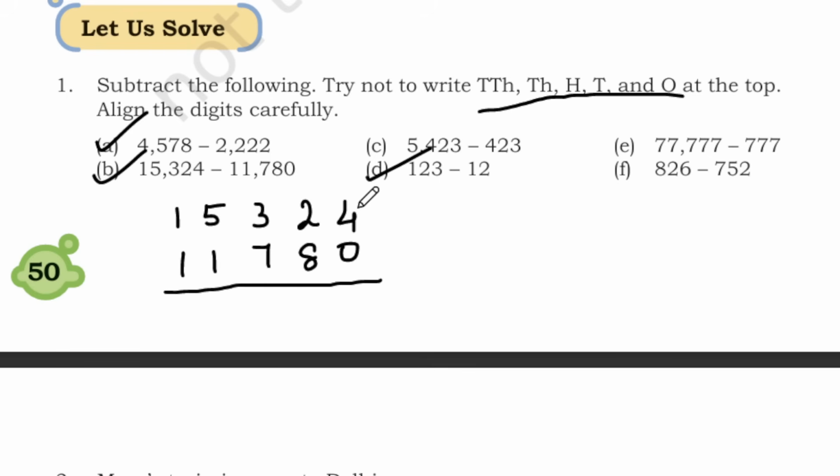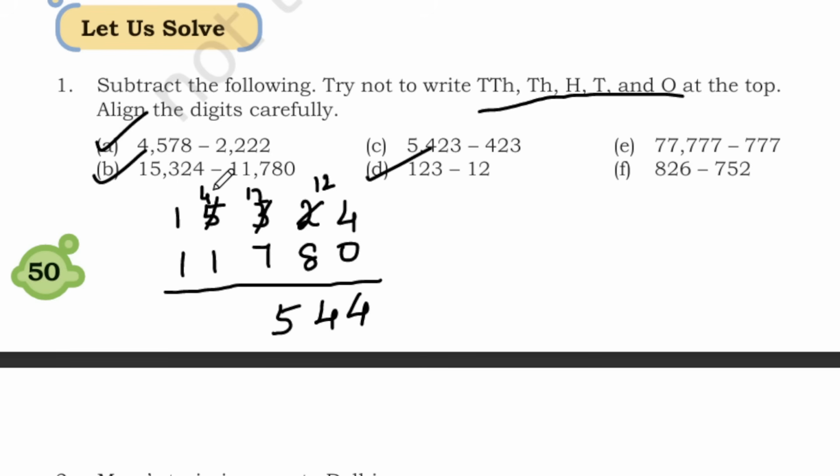Okay, so 4 minus 0 is 4. 2 cannot be subtracted, so I'm borrowing here. So this becomes 2. This becomes 12. So 12 minus 8 is 4. 2 cannot be subtracted by 7. So I'm borrowing again from here. This becomes 4. This becomes 12. So 7, 8, 9, 10, 11, 12, 5.